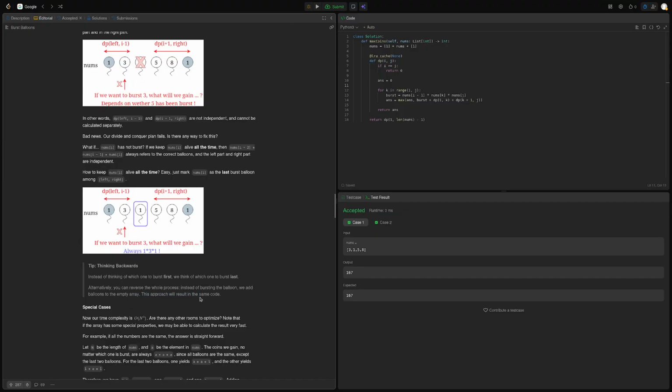Instead of bursting the balloon. Well, if I eliminate this is my range, and if this one is gonna be last, damn, that is crazy.